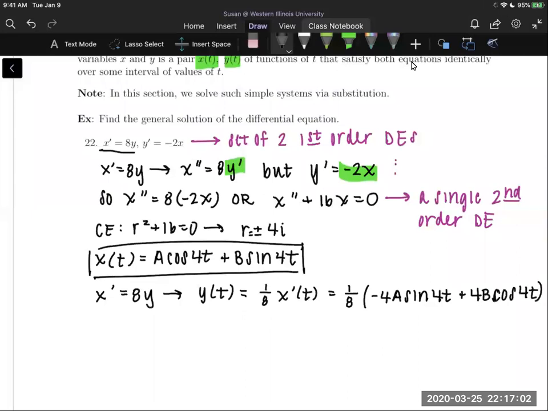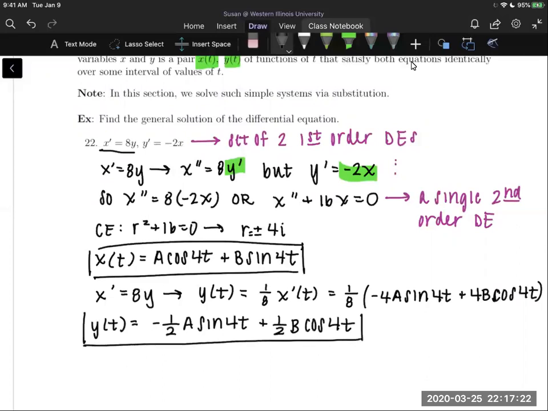And so then in the end, I have y of t equals negative 1/2 a sine 4t plus 1/2 b cosine 4t. And so I'm going to box that in as well as my x of t. And those two together are going to form the solution.